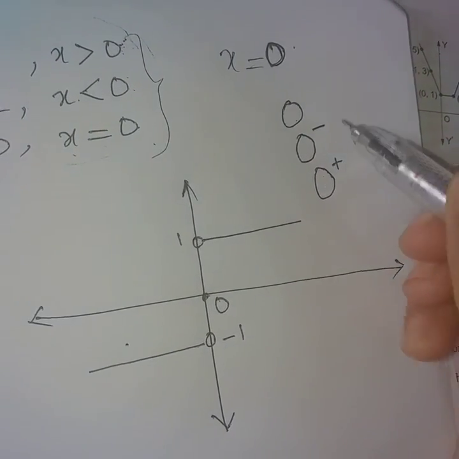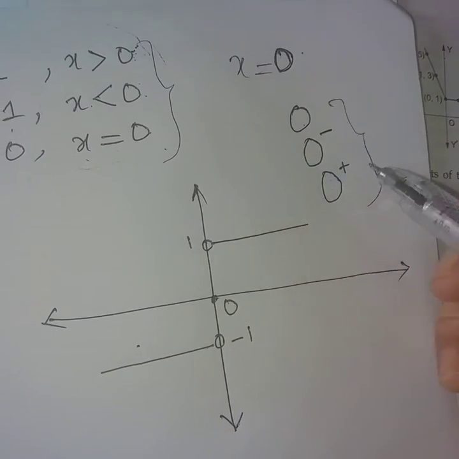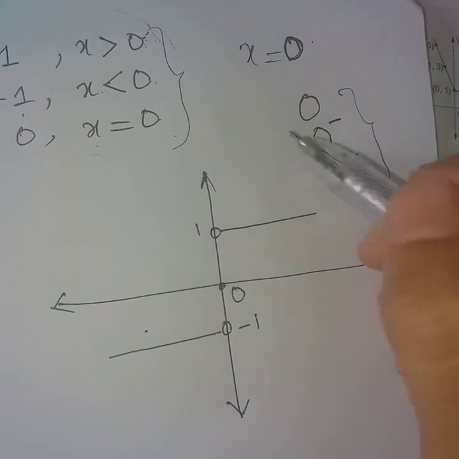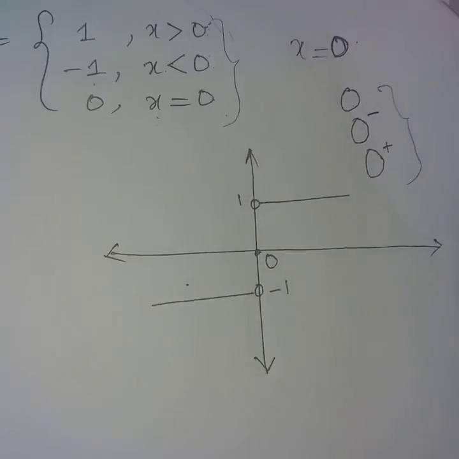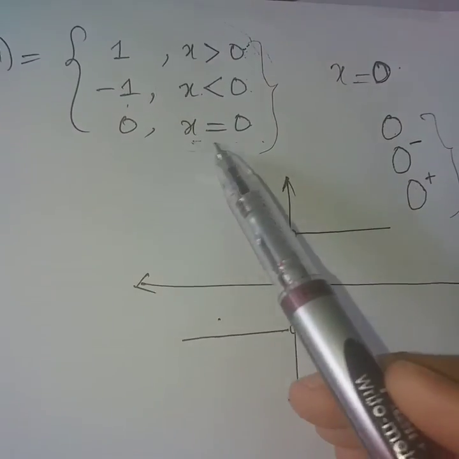For these 3 points, if the limit gives us equal values, then this function will be a continuous function. Now we see that at x equal to 0 the function is 0.